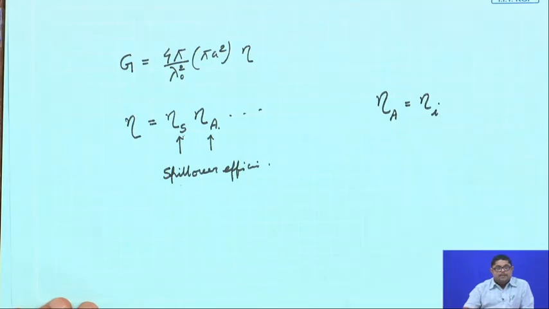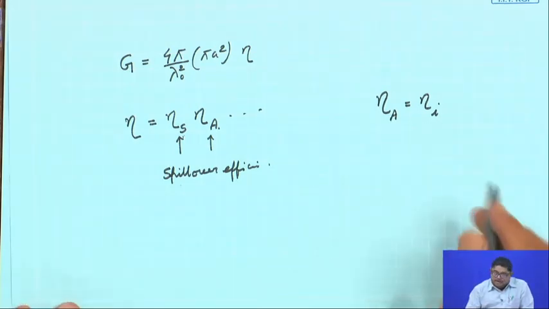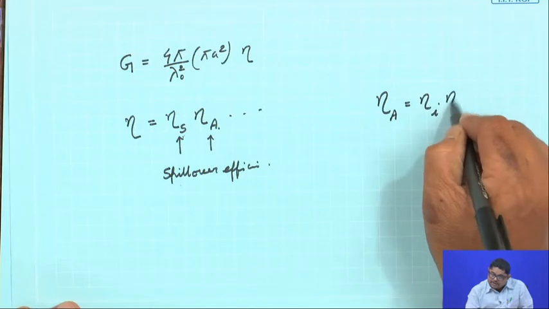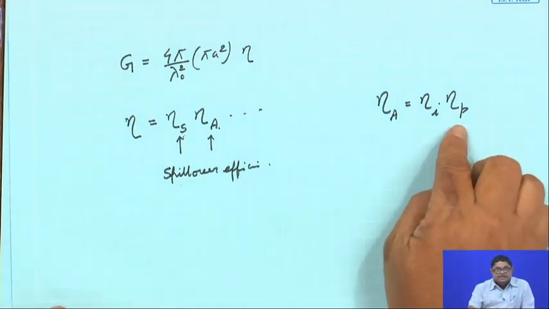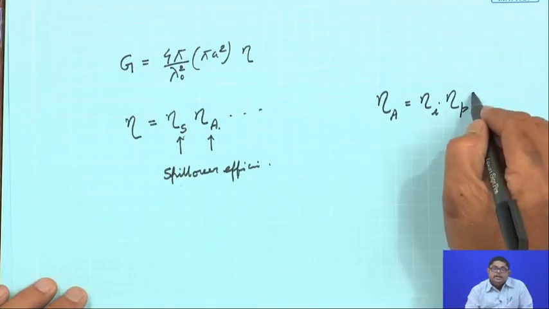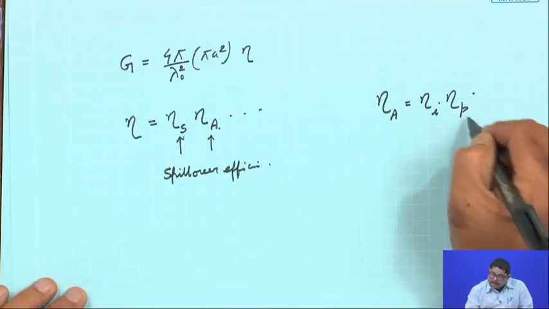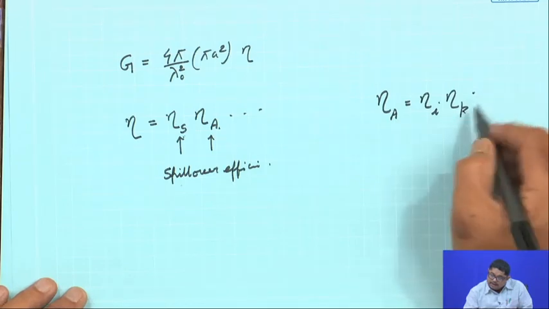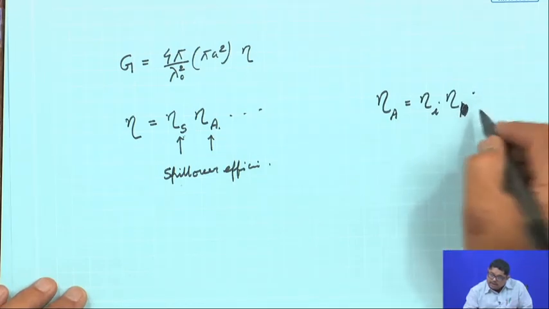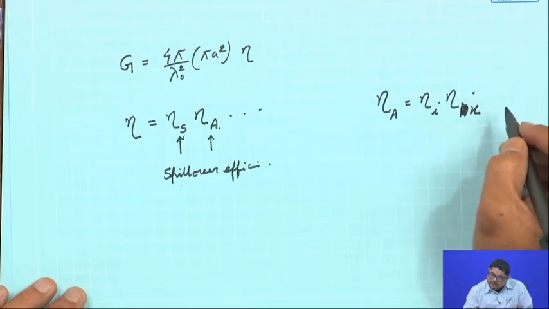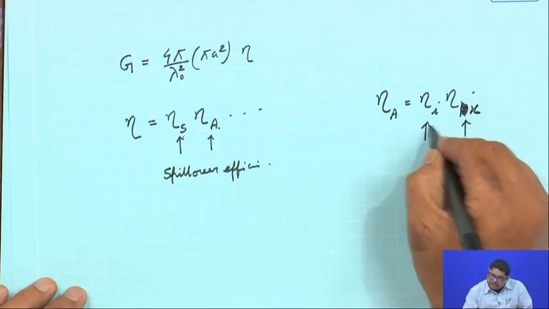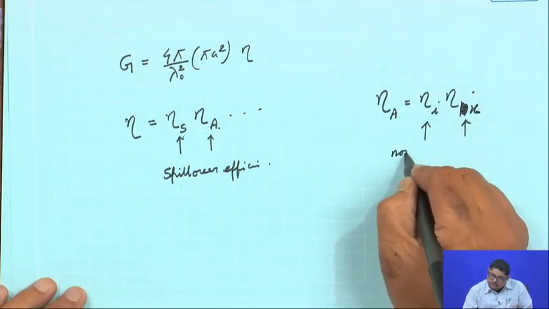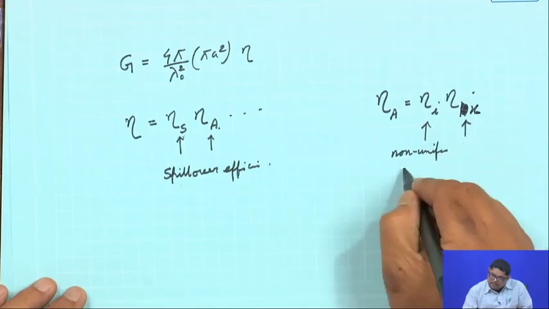So it will be multiplied by eta I, then the phase efficiency, because we know there will be a phase error, and the third part is, sorry, polarization. The next one, the non-uniform thing, let me call it taper T, we don't say eta x. This is due to non-uniform illumination.